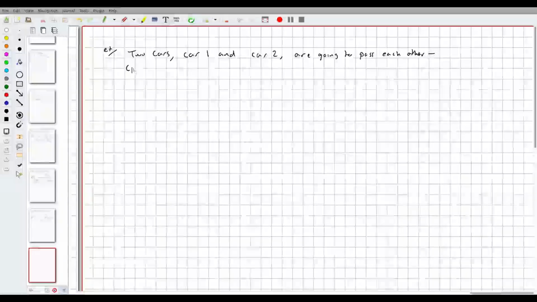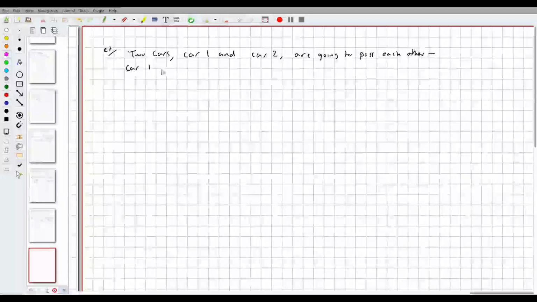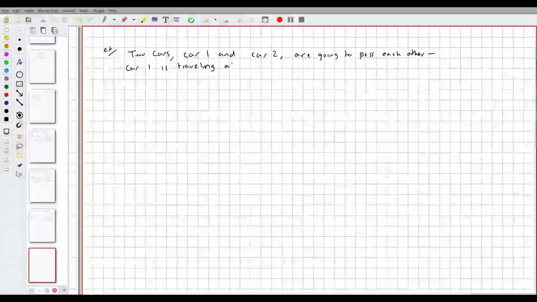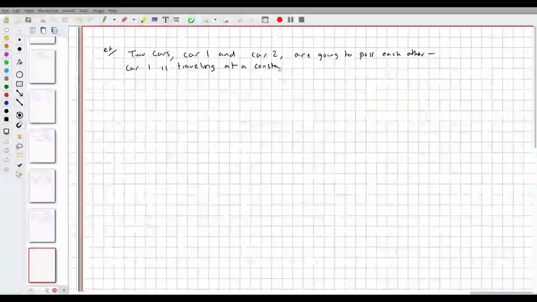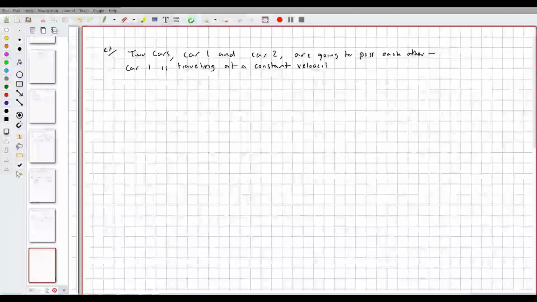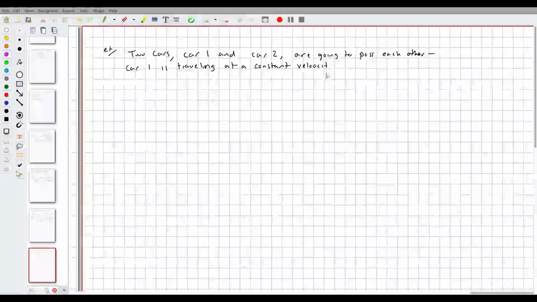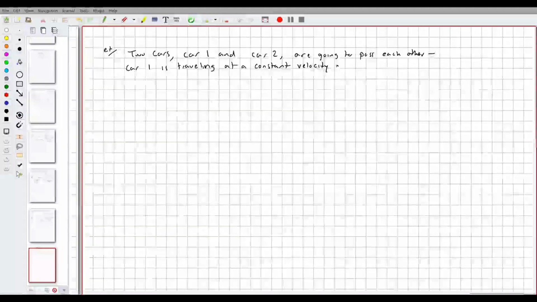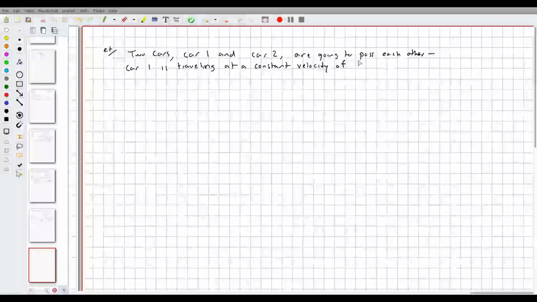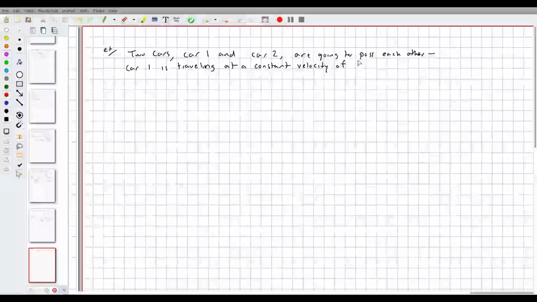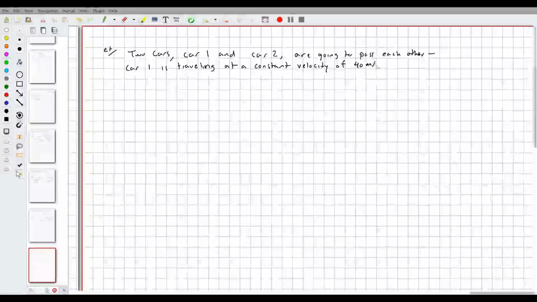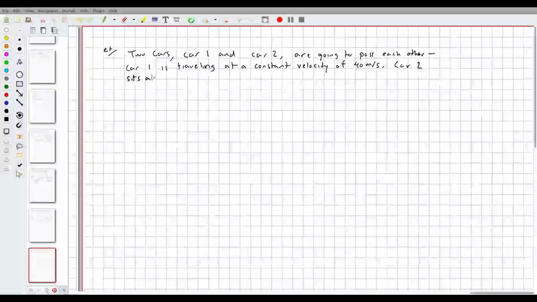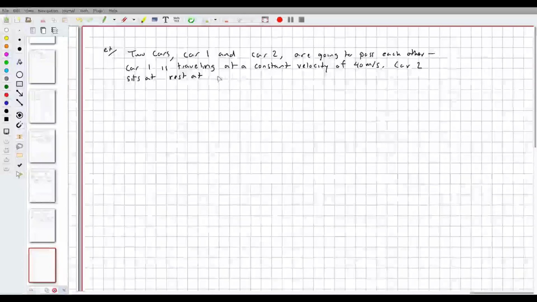Now, car 1 is traveling at a constant velocity of, let's see, 40 meters per second. Car 2 sits at rest at the origin.